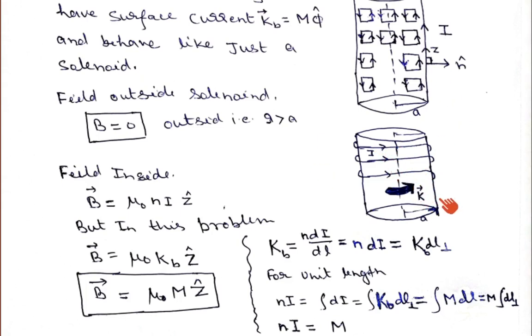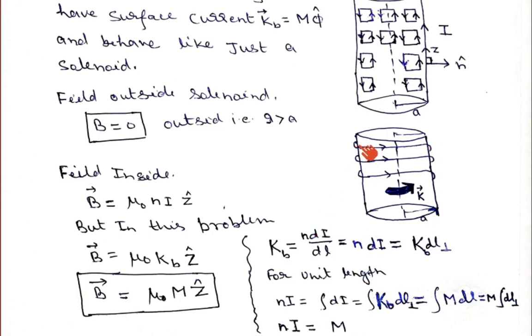This shows how it behaves like a surface current density. We know the surface current density is di upon dl perpendicular, the current perpendicular to the length. The current flows along the phi direction, so the length will be along the z direction.